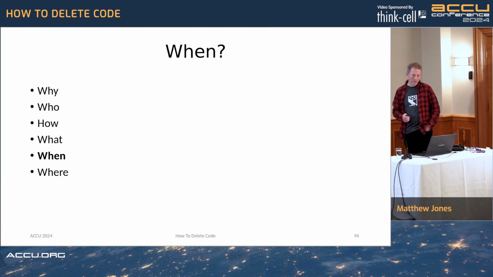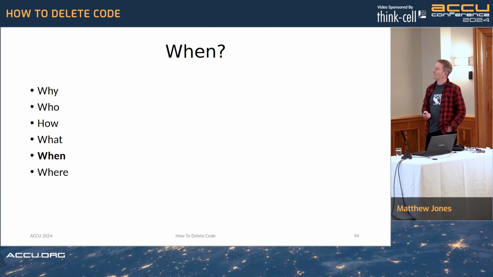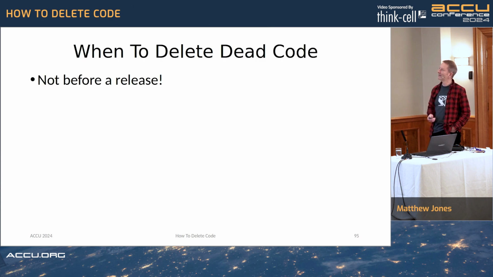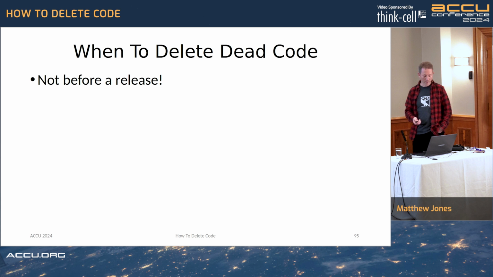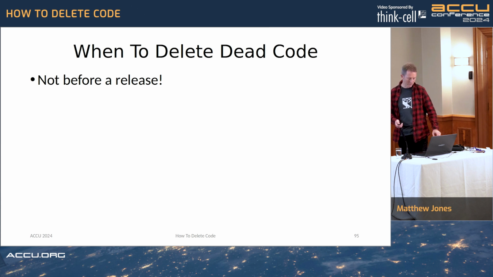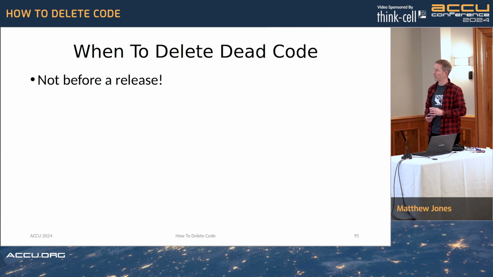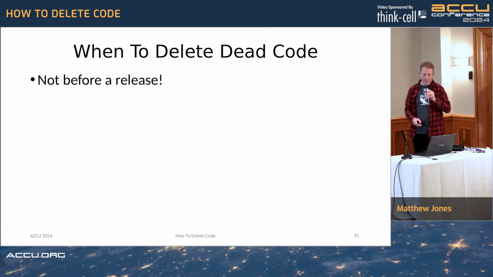So when is the best time to delete code? Obviously now. Better would have been 10 years ago when you wrote it. But I'm thinking more along the lines of project life cycle: never before a release. It's far too risky.